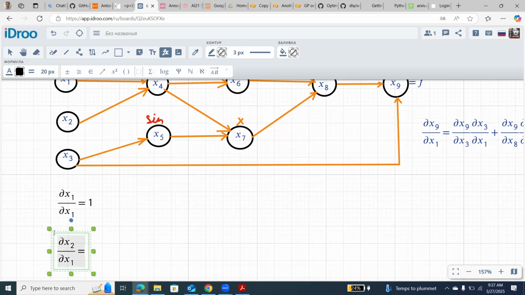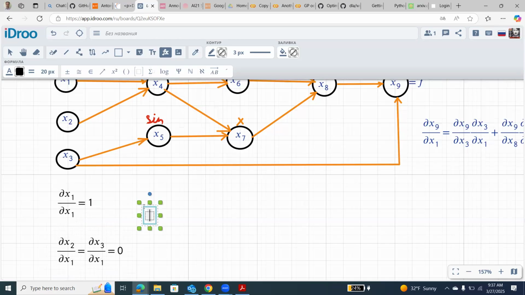X2 doesn't depend on x1. So what is the value? 0. Okay, so we know how to calculate the derivatives, and the same will be x3 with respect to x1. So we know how to calculate the derivatives from the first layer with respect to x1. They are zeros unless we take the derivative with respect to itself.